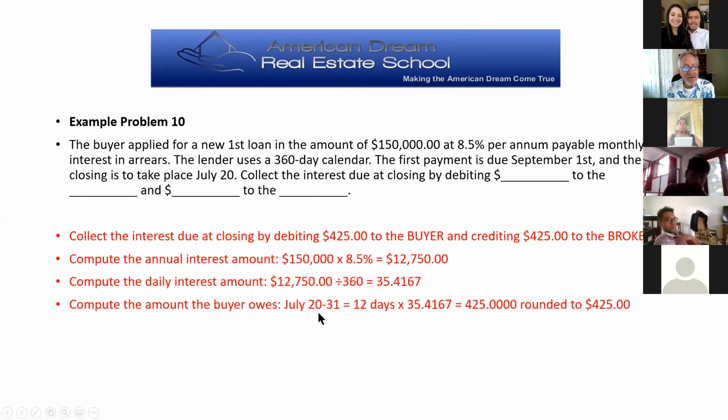The closing is July 20th, so it's the 20th through the 31st. That's 12 days times my per diem, which gets me to 425. That's the interest we'll collect at closing for the interest of July. When they make that payment in September, that'll pay for August interest.